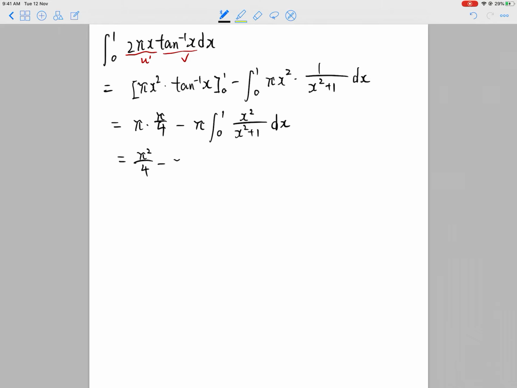So this part, we can write it as 1 minus 1 over x squared plus 1. Right. So this part is x minus tangent inverse x for x from 0 to 1.